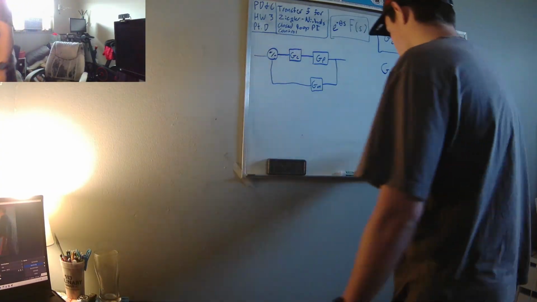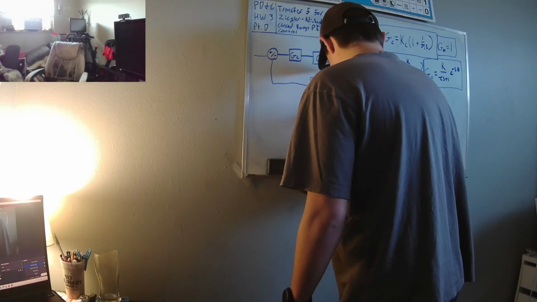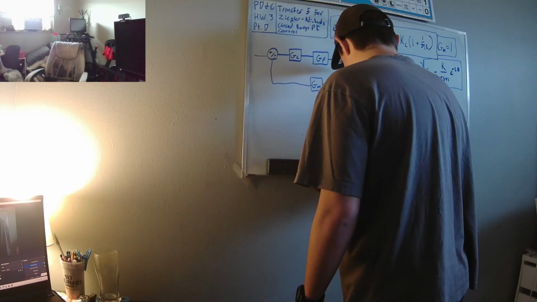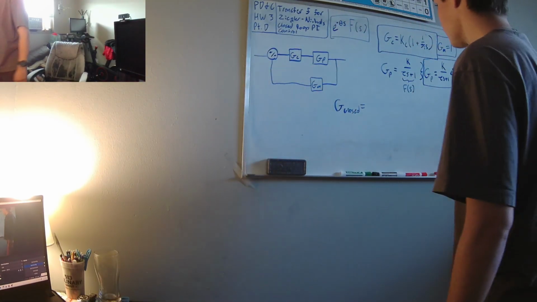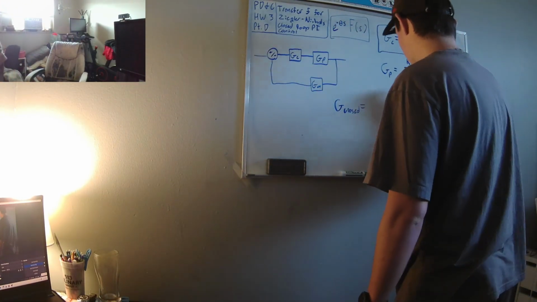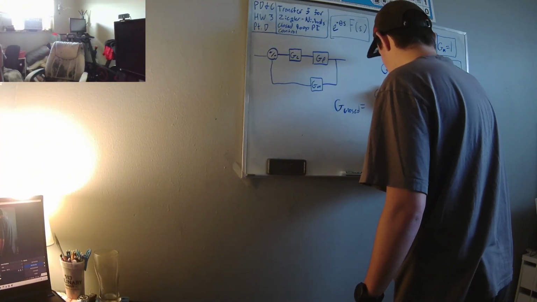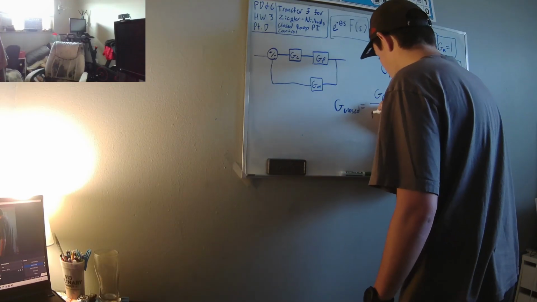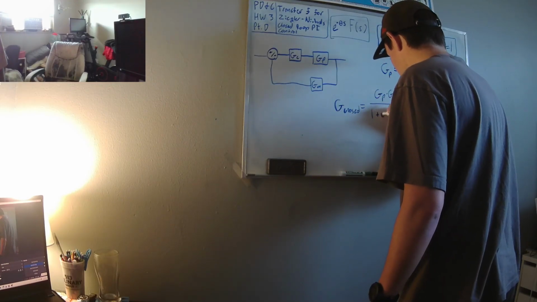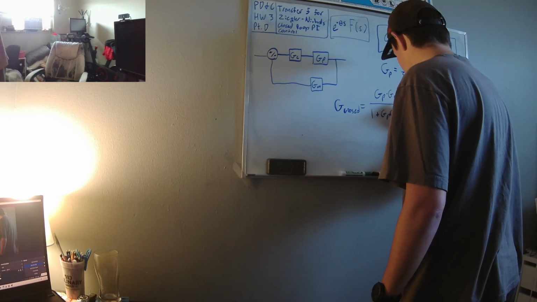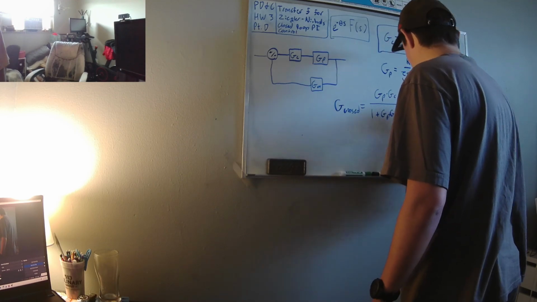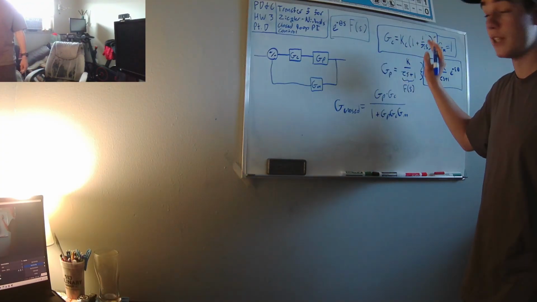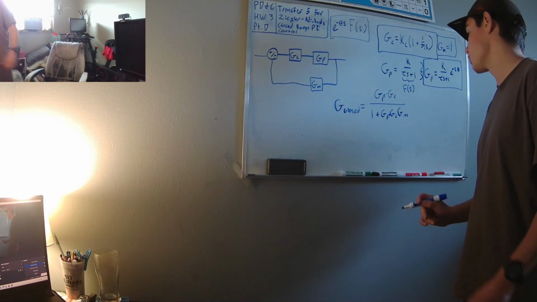And then, as we did before, we're going to combine all of these into our G closed, our overall function, which, if we remember, is GP times GC all over 1 plus GP GC GM. But instead of what we had before, we're going to use these new transfer functions for our proportional integral controller.